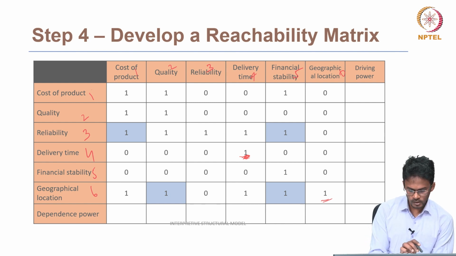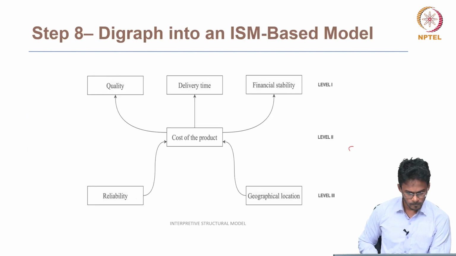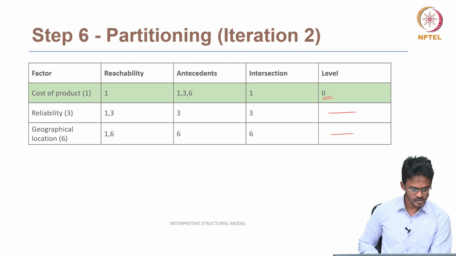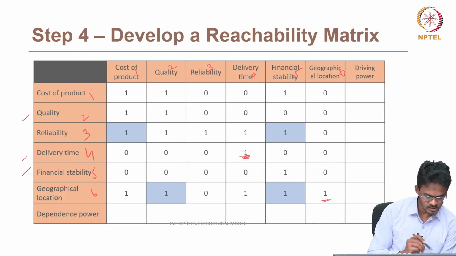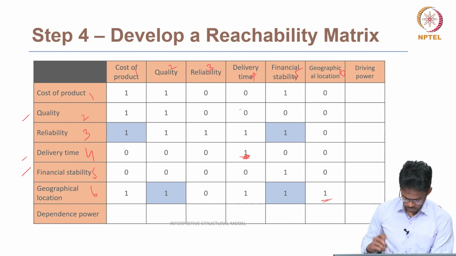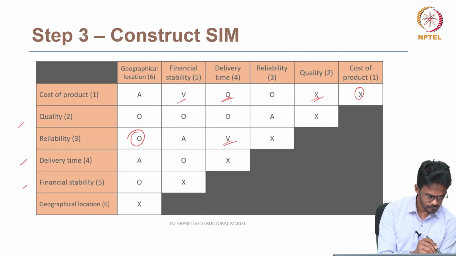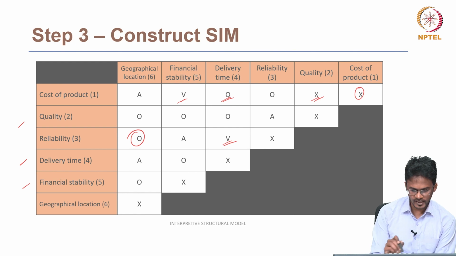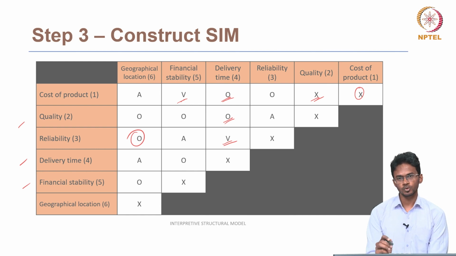We can see the relationship between quality and delivery time. We have to check in the self interaction matrix. If we see quality and delivery time, the relation is O. Hence there is no one way link.